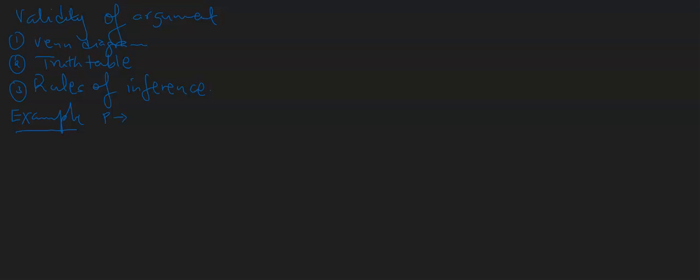P implies Q, Q implies P, and therefore not P and Q. This is an argument that you can also write this way: P implies Q, Q implies P, and therefore not P and Q. So this is the conclusion, and this is one of the premises, and this is the other.